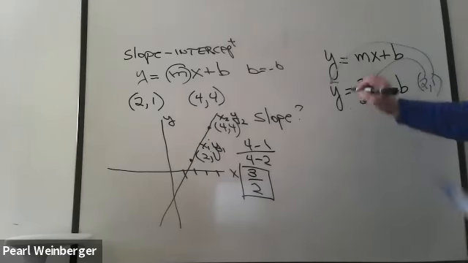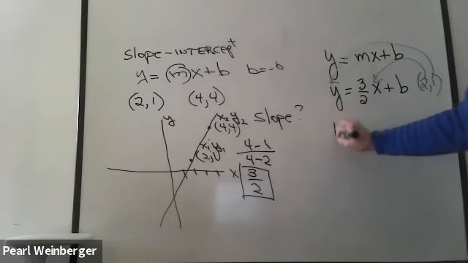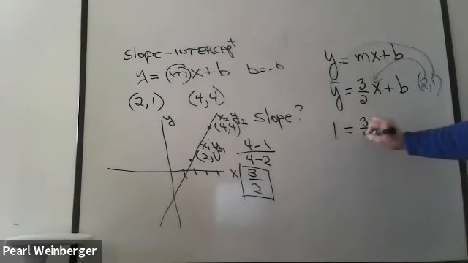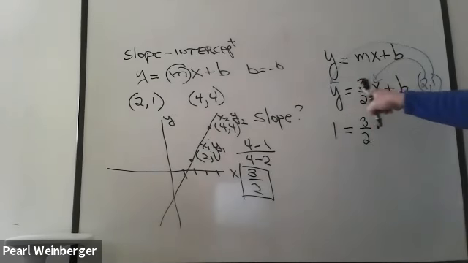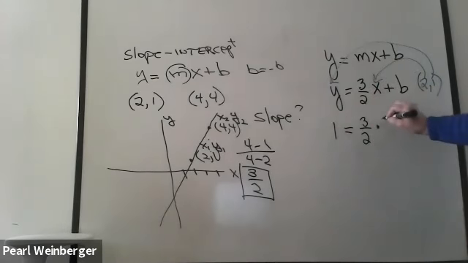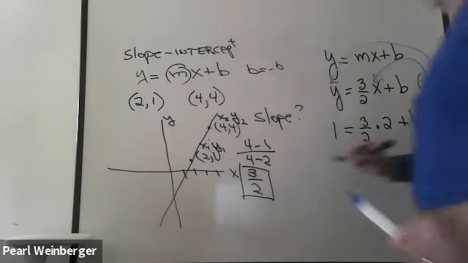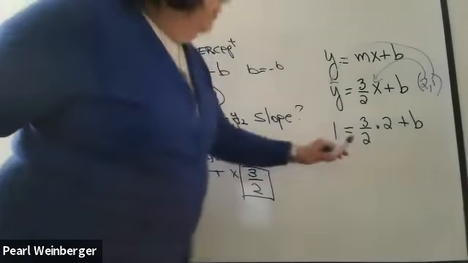And look what happens to my equation. I get 1 equals 3/2 times, remember if there's a number and a letter, it means times, 2 plus b.